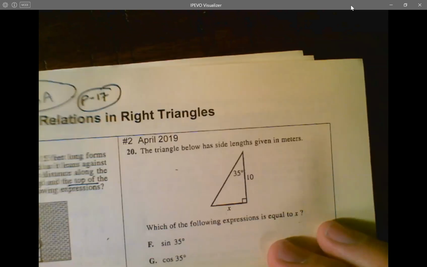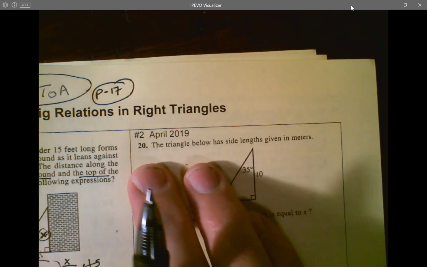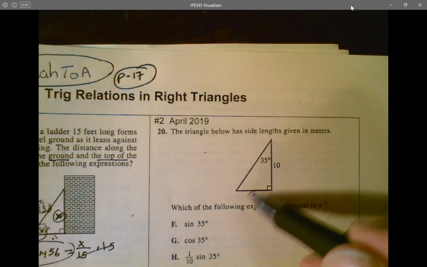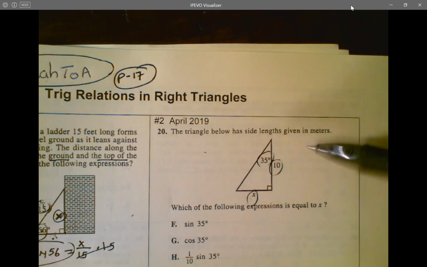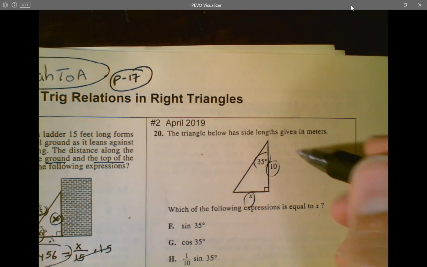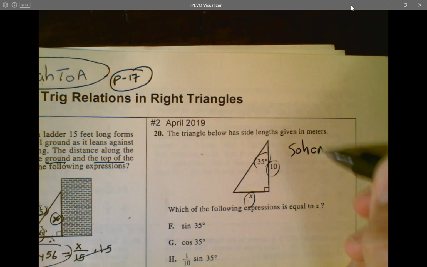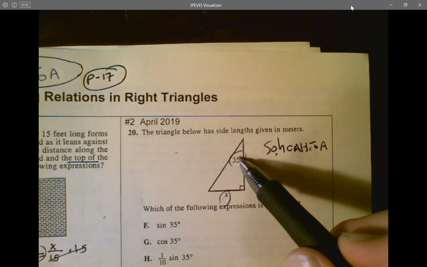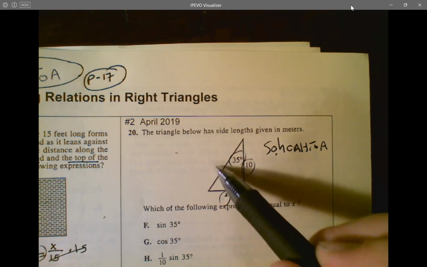It's very, very similar. Notice it's also in the 20s. Given a triangle here, which of the following expressions is equal to X? So here's X, here's the angle, here's another side. So I'm going to go SOHCAHTOA again. If I think it's sine, sine would be opposite over hypotenuse.